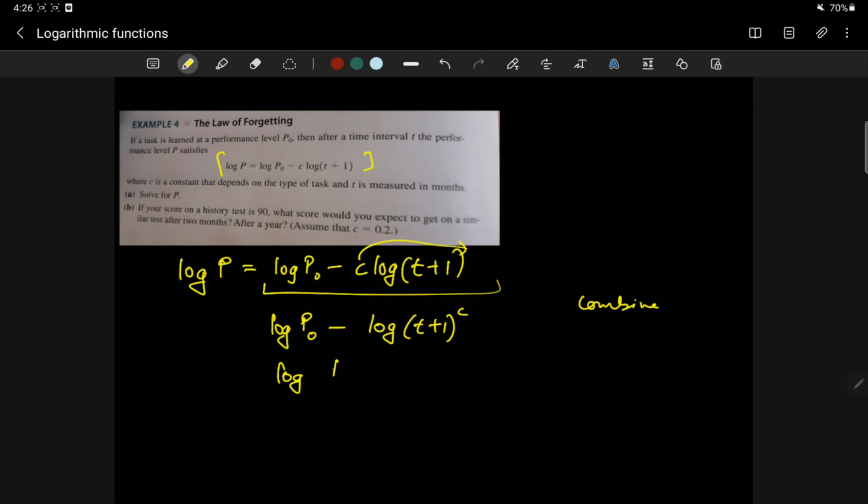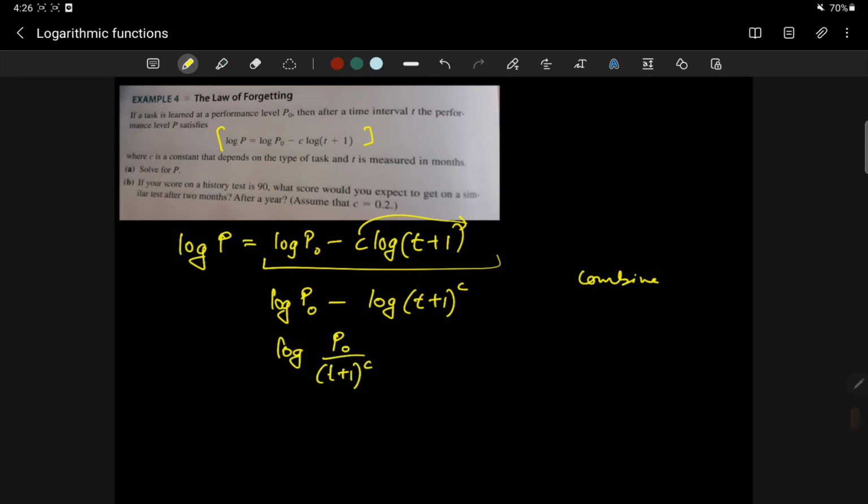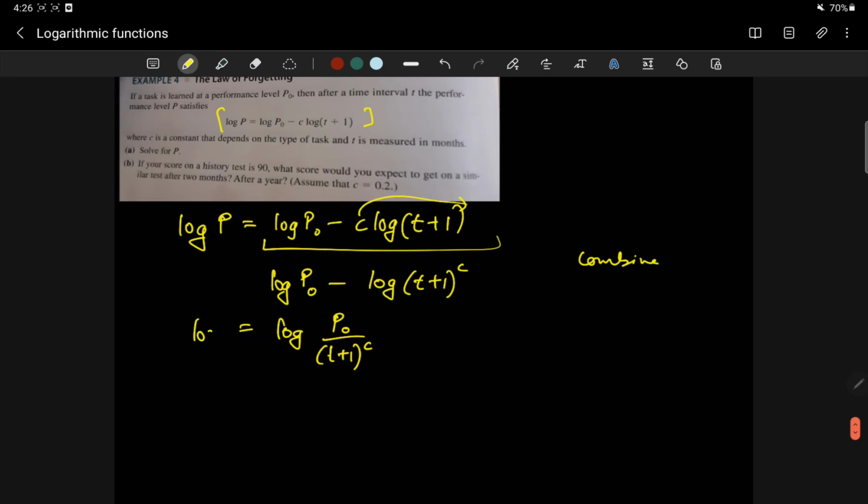Then this becomes log of P naught over T plus 1 to the power C, and this is log of P, which means at this point you can get rid of the logs and you get P is P naught over T plus 1, all raised to the power C. So that is part A.